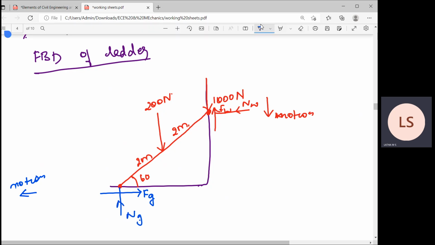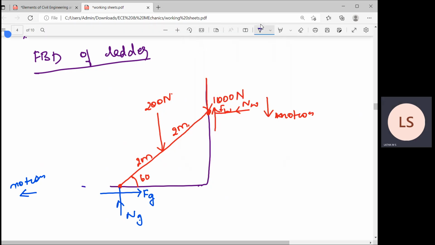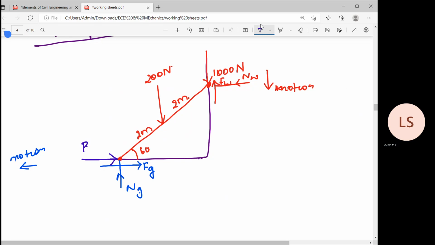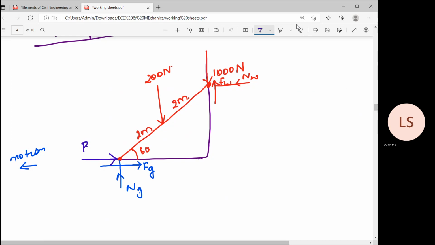And keep in mind, students, they are asking what is the value of P. P is the additional force. Okay, how to go about it? I'll try to do it here only so that I get space to write the equations. First, I'll take sigma H is equal to 0.